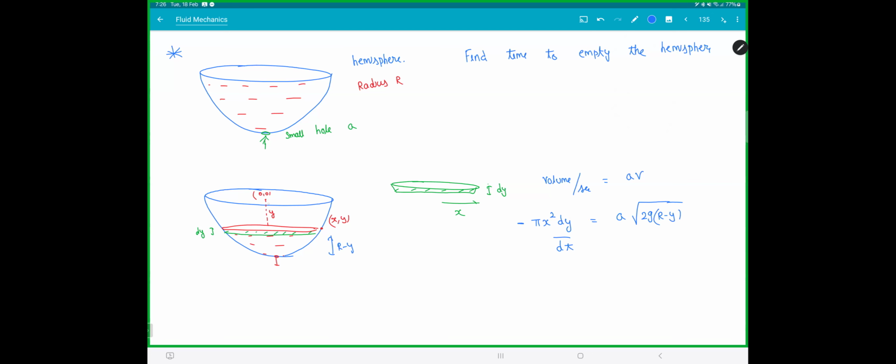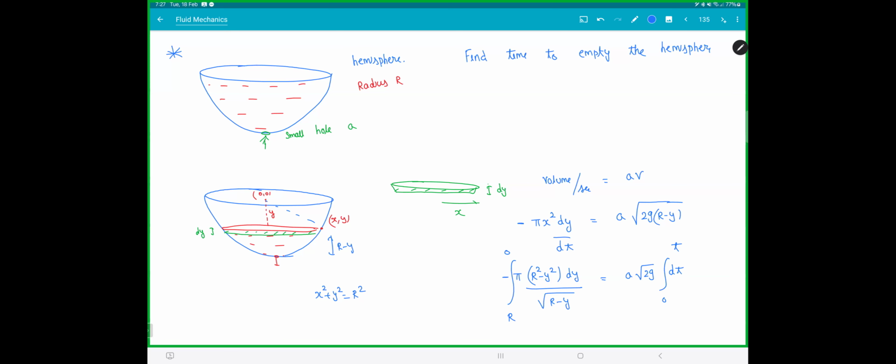And we also know for the equation of a circle, x square plus y square will be radius square, Pythagoras theorem. So I can eliminate that x square from here. So minus pi into r square minus y square into dy, and bring that thing here, root over r minus y. This will be A into root 2g dt. This will go from 0 to t, and this will go from r to 0 because you want to empty the tank.